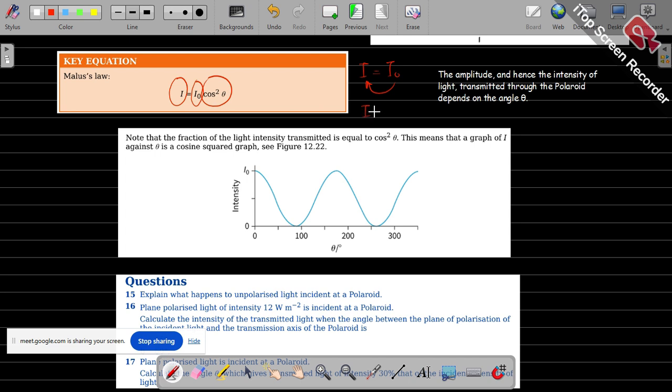So this says whenever the angle is 90 degree, the transmitted intensity is 0. No light gets transmitted. क्लियर?